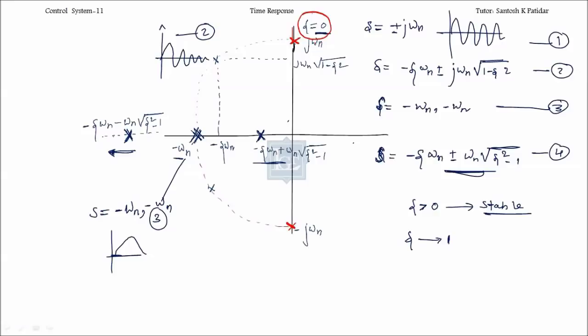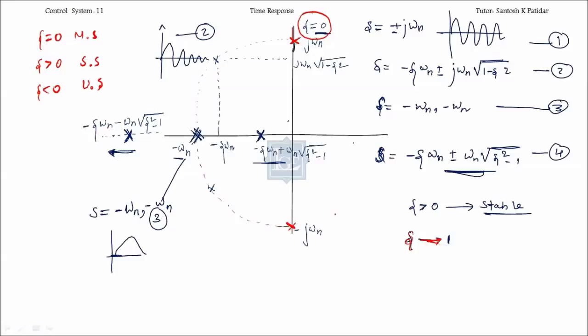This is the marginally stable system. When zeta is greater than 0, it is a stable system. When zeta is less than 0, you will definitely get an unstable system. Now the point is, when zeta is moving towards 1, what will happen?